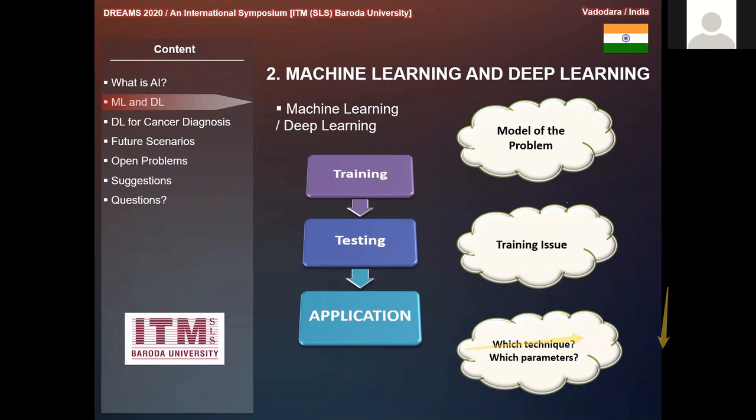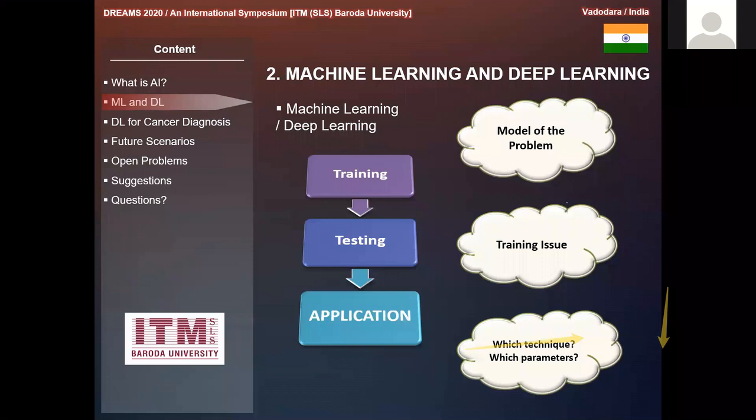It is also very important which technique or parameters to apply to reach the desired outcomes. And these will always be important problems in terms of machine learning and deep learning, not just including cancer diagnosis, but for every type of problem, you will always be dealing with such problems.